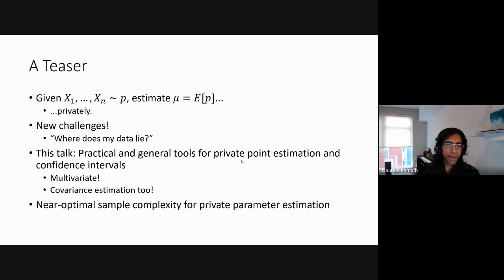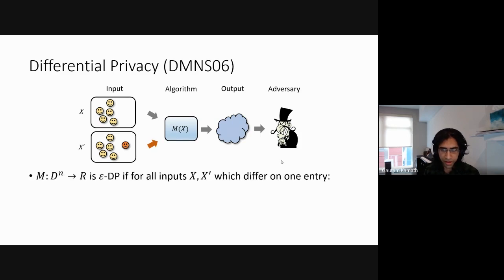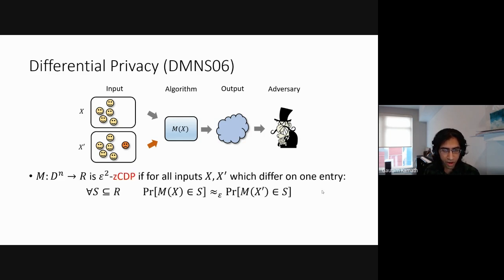I'm sure I don't have to tell any of you what differential privacy is. This should be familiar to this audience, so I'll skip over the definition. I will say, though, that the notion of privacy we're using in this talk will be zero concentrated differential privacy. For those who may not be familiar with the different notions of privacy, generally the most commonly known ones are pure differential privacy, or epsilon-zero differential privacy, and approximate differential privacy, epsilon-delta differential privacy, where delta is greater than 0.